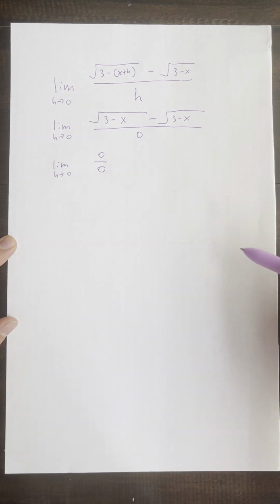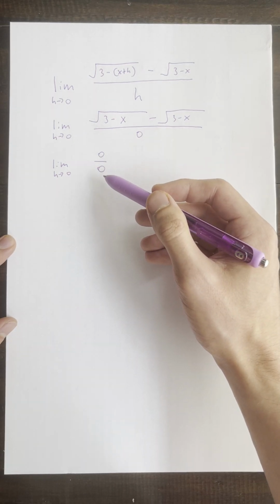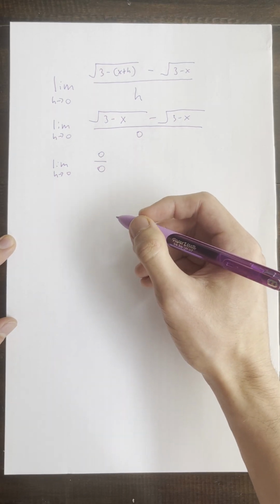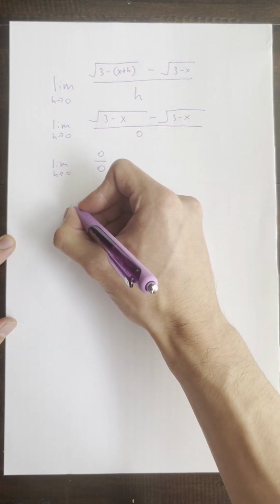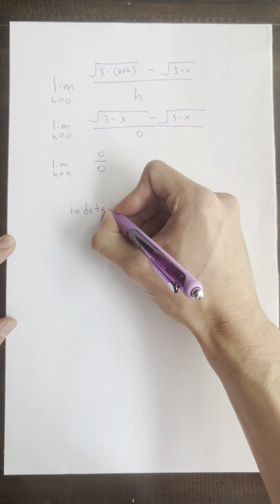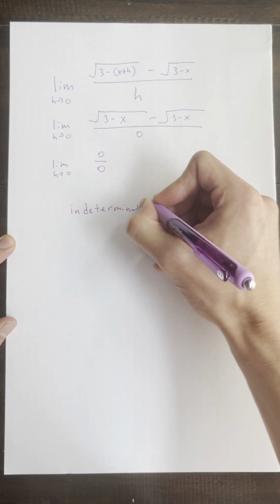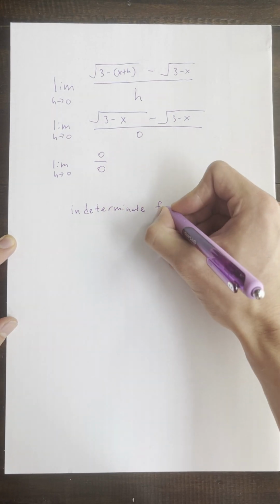So what's the problem with this? If you plug into a limit and you get 0 over 0, it means that you have an indeterminate form. I'll write the word down, indeterminate form.